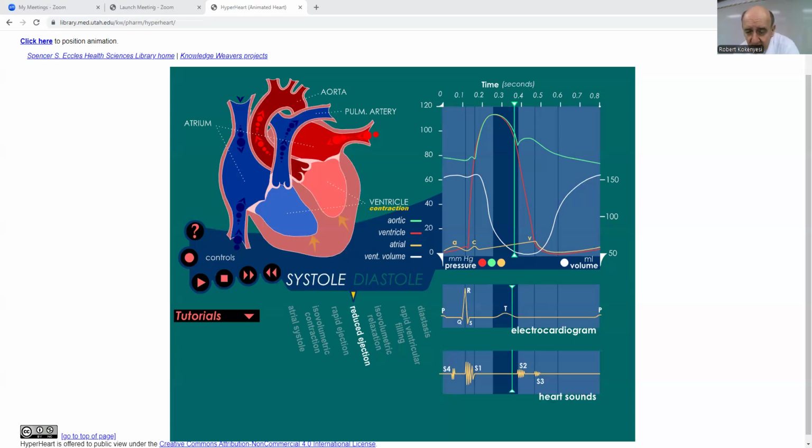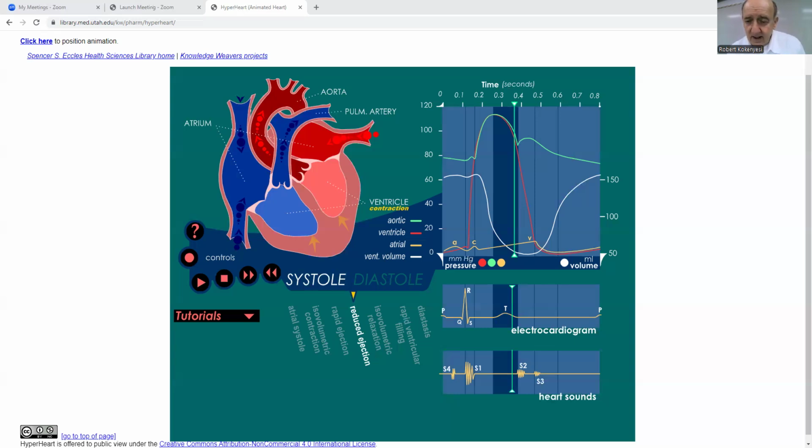So the conduction system has several parts to it. Here's the anatomical location, and we'll go in order from the creation of a nerve impulse and also the conduction, the spreading of the nerve impulse to the entire heart. The start for the nerve impulses is the sinoatrial node. This is located in the right atrium, not in the left atrium. As you can see in this illustration, only the right atrium.